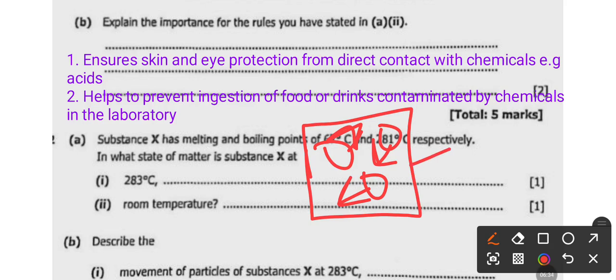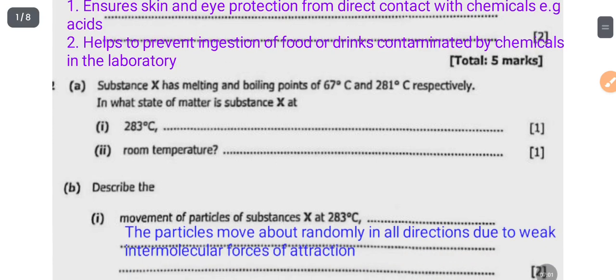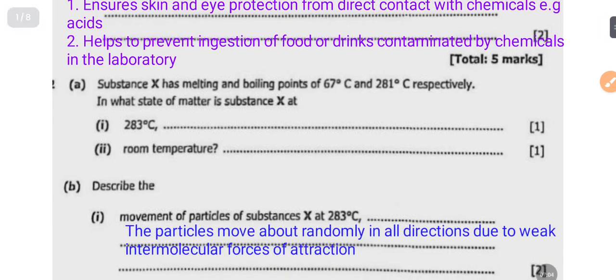As we can observe, the movement of particles in gaseous state is that they move about randomly in all directions. That's how the particles move at 283 degrees Celsius. So here I wrote, the particles move about randomly in all directions due to weak intermolecular forces of attraction.